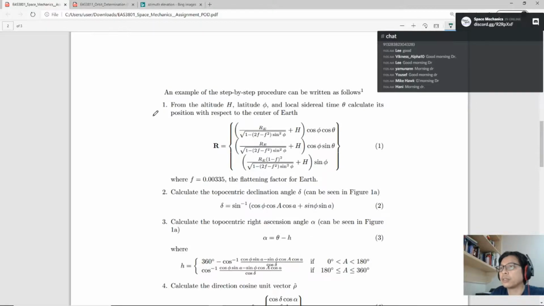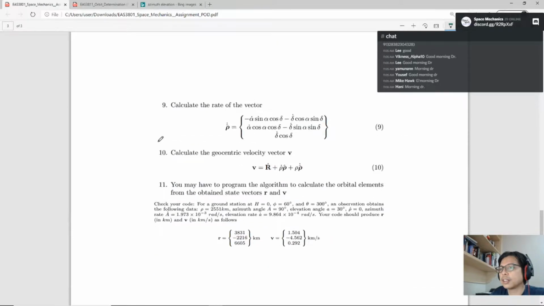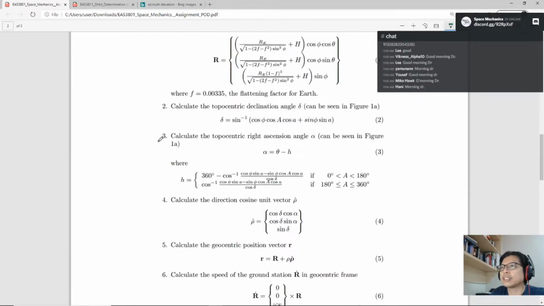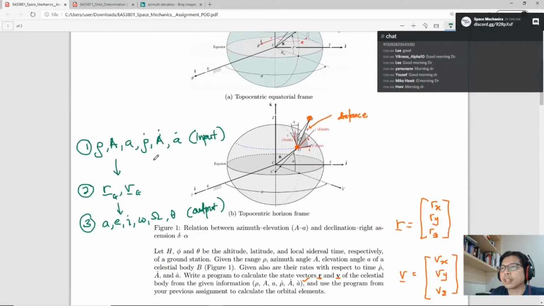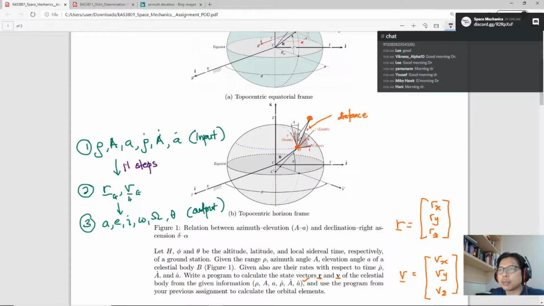How many steps? 1, 2, 3, 4, 11. That's 11 steps to R and V. From here to here is 11 steps. Do you still remember how many steps from here to here? I think there's about 13 if I'm not mistaken.